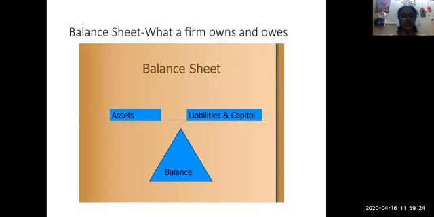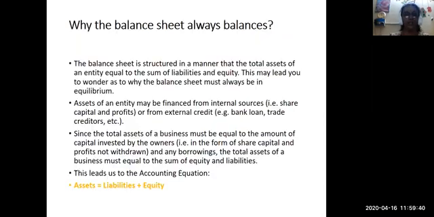The assets of the business on one side have to be equal to the liabilities and capital put together. What is the meaning of this? Why should assets be equal to liabilities and capital? All these things we are going to see. That is why a balance sheet should always balance.